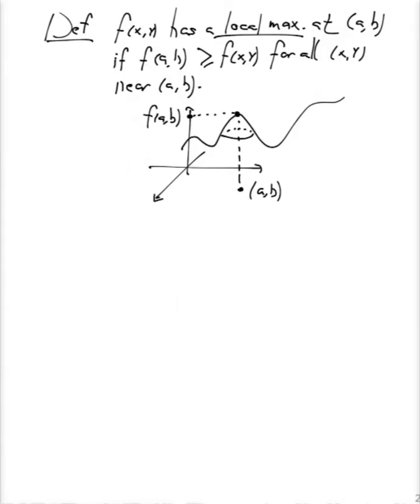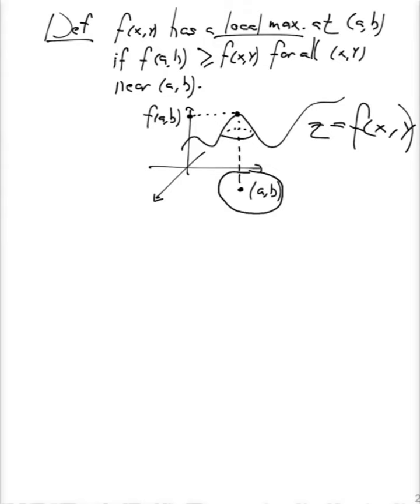So in this picture we have the graph of some function z equals f of x y, and we see at this point a comma b that it looks like, at least locally, the function attains a maximum. That is, as long as we stay within a little neighborhood of a comma b, the function is as big as it gets within this neighborhood.